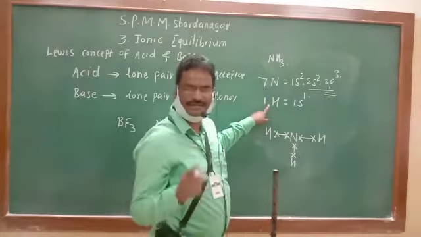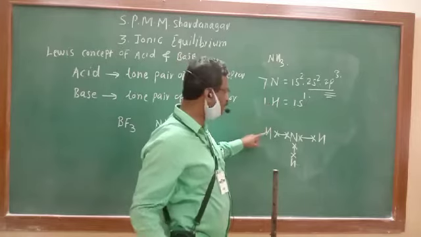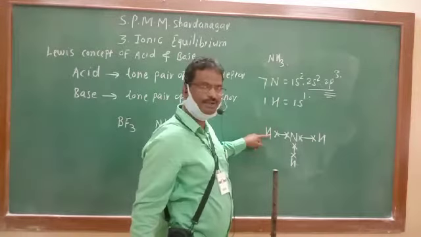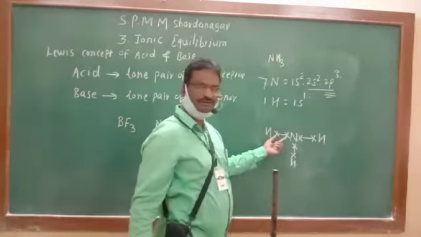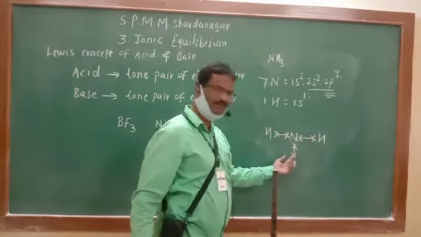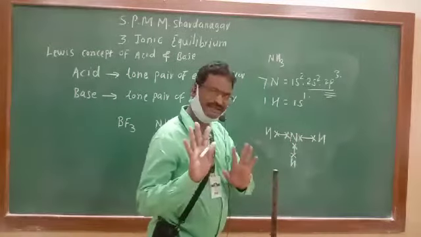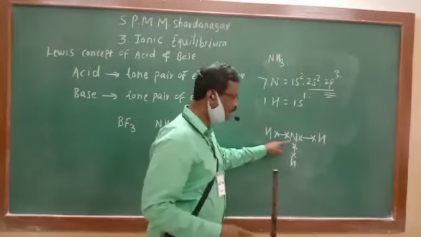One hydrogen has how many unpaired electrons? Only one. So that one unpaired electron of hydrogen forms a bond with an unpaired electron of nitrogen. Unpaired electron of nitrogen here also. So how many electrons are there at present? It is 6 around nitrogen.